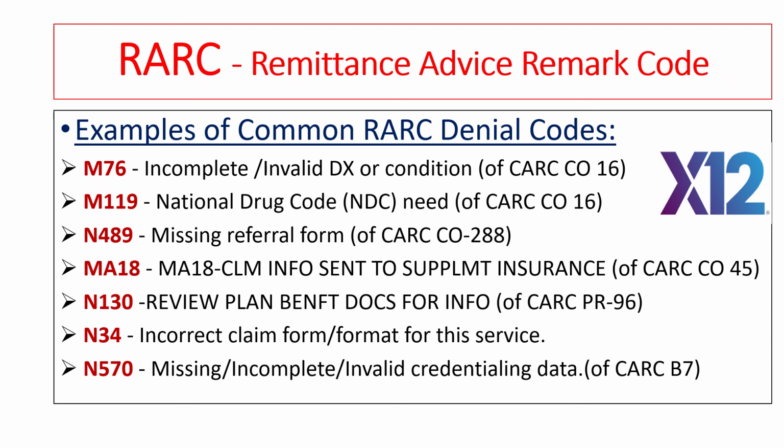For example, if the denial code is CO228, missing referral, they additionally give one more remark code clearly telling that the referral form is missing. So we can understand that the referral form was not submitted to the insurance while submitting the medical claim form. The next time, the corrective action is to submit the referral form. So by seeing this remark code, we can understand the potential cause of the claim.